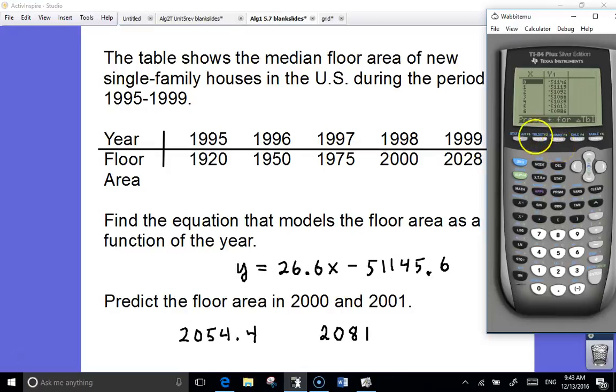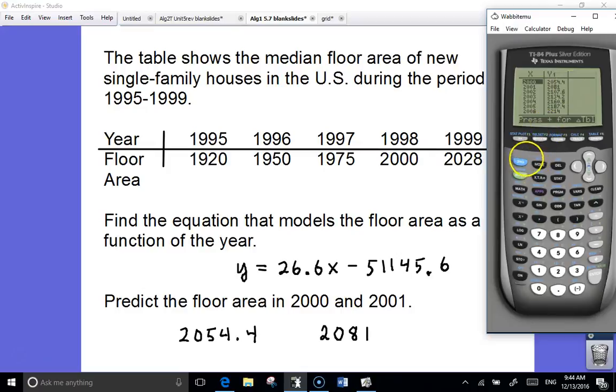If you notice above where it says window, it says table set. So if I want to make that table of values a little different, I can go second, table set. And I could just have it start at 2000, right? And now when I go to the table of values, 2000 and 2001 are just right there in front of me. I don't actually have to do anything.